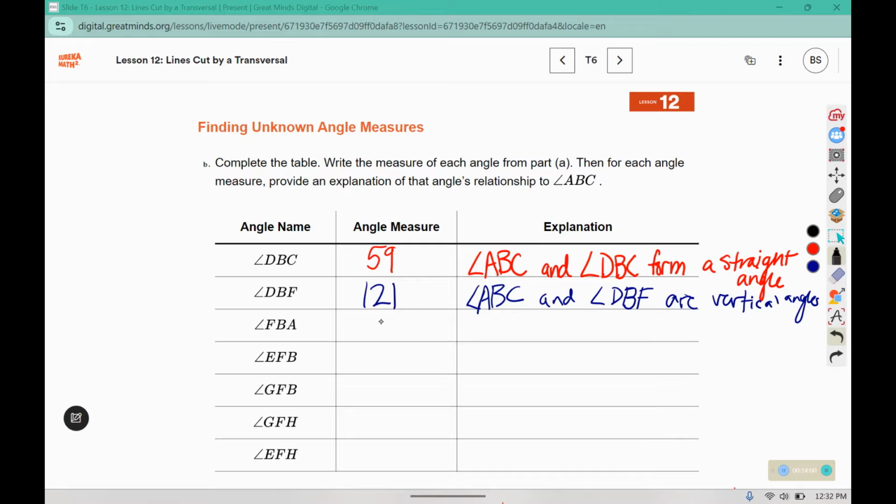Angle FBA was 59 degrees, and that was because angle ABC and FBA are vertical angles.